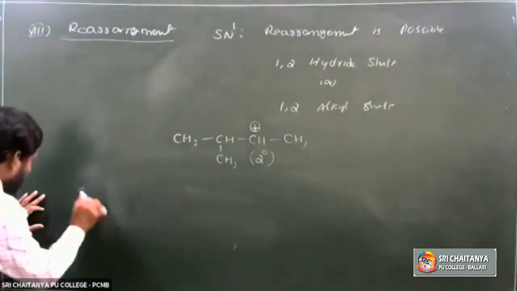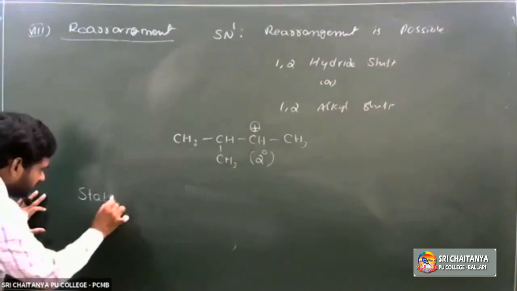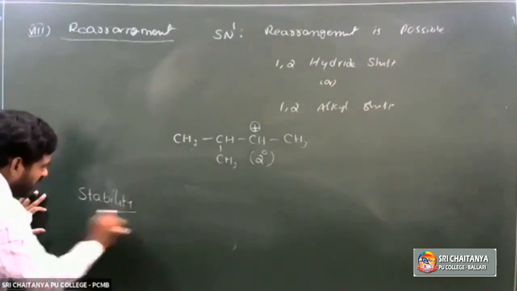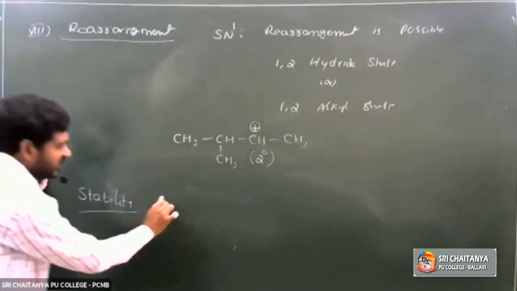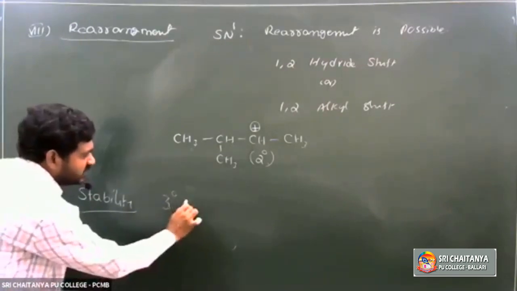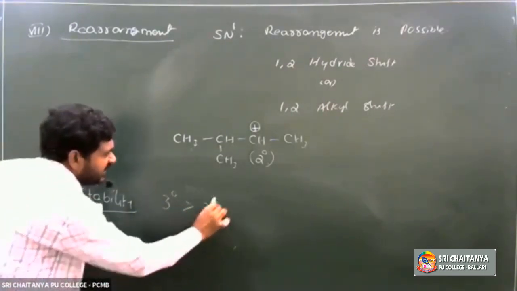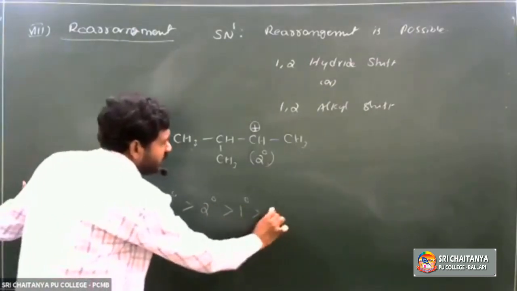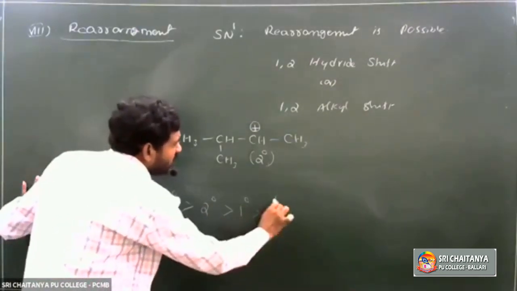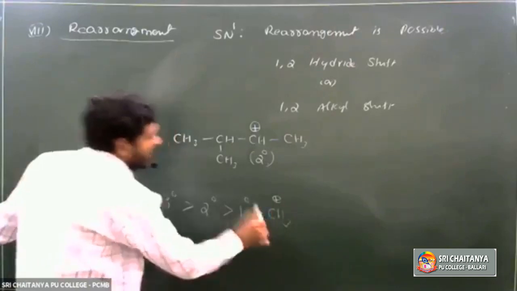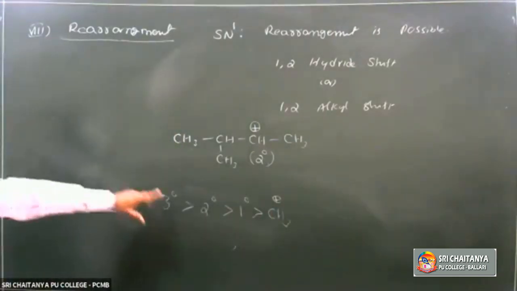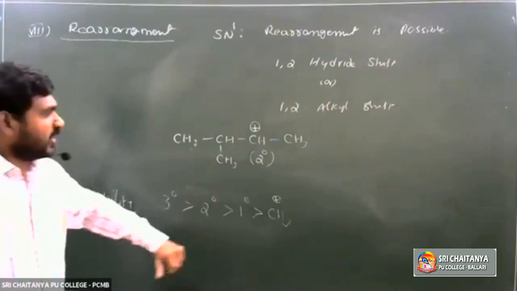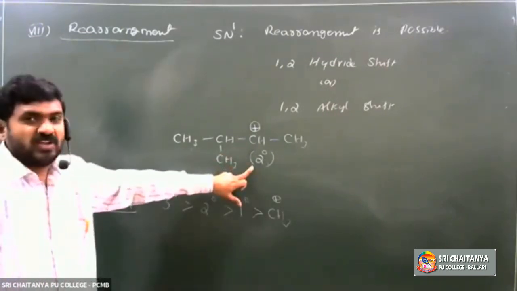We know the stability of carbocations. Tertiary carbocations are more stable than secondary carbocations, which are more stable than primary carbocations, which are more stable than methyl carbocations. This one is a secondary carbocation.